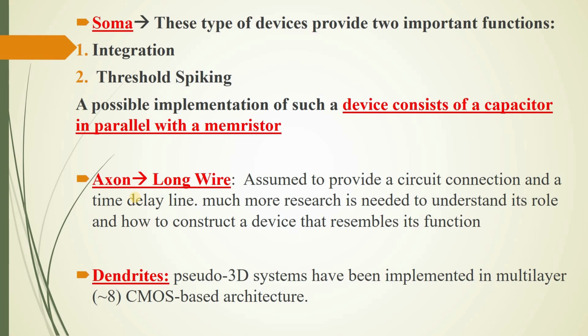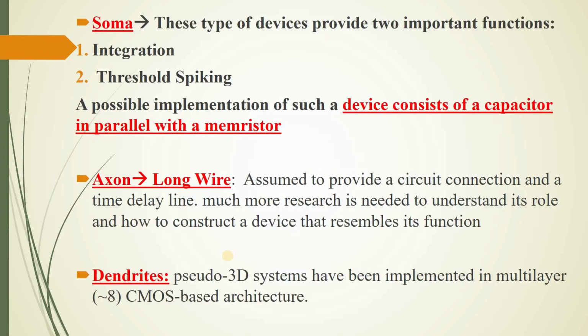Still, the research is going on, to find what suits the functionality of an axon. Next one is the dendrite, which is like tree-like projections. Generally, we are using the 3D CMOS architecture, which resembles the functionality of dendrites. Pseudo 3D systems have been implemented in multi-layer CMOS-based architectures.